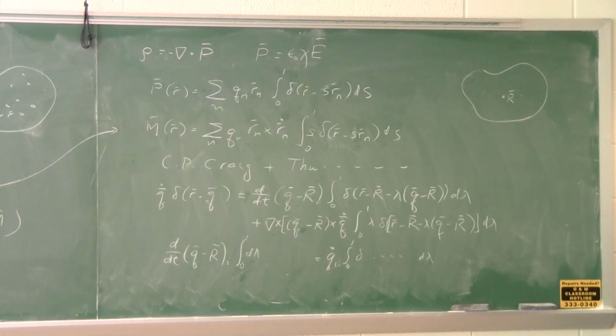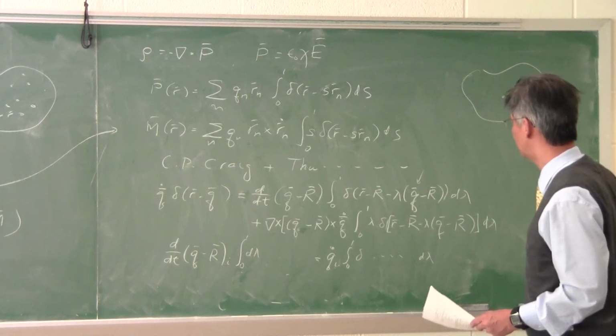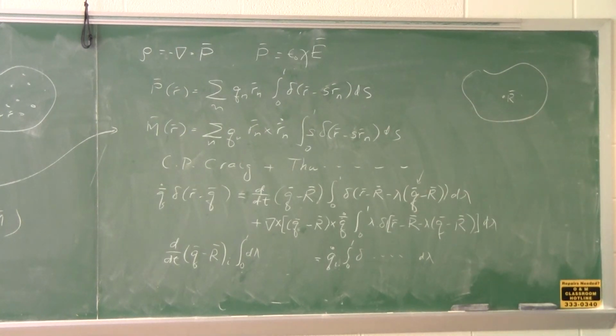But how do I differentiate things that are inside? The only thing that could be changing with time is this one over here inside, the location of the molecule. Q is the location of those charges. You can be moving with respect to time. And if you differentiate with respect to the inside, you get this one, okay?